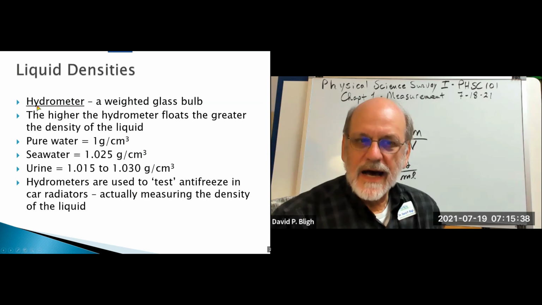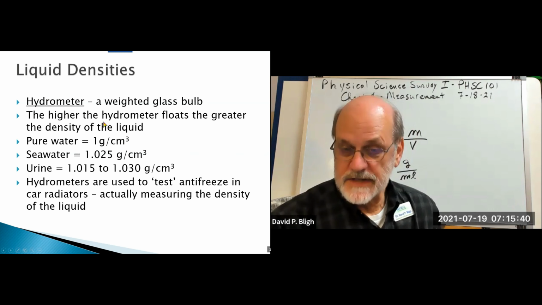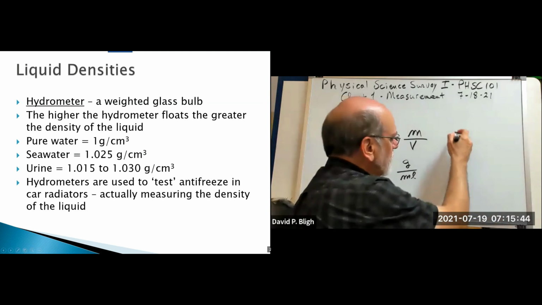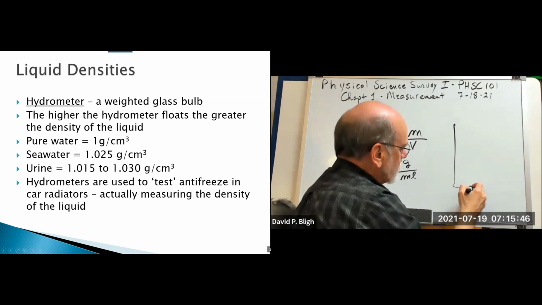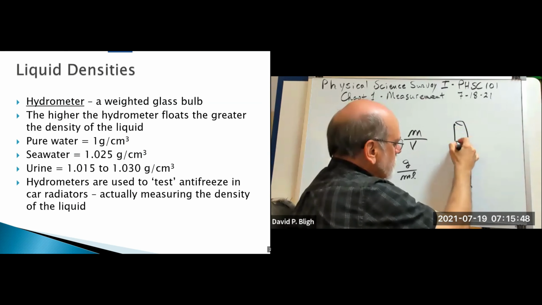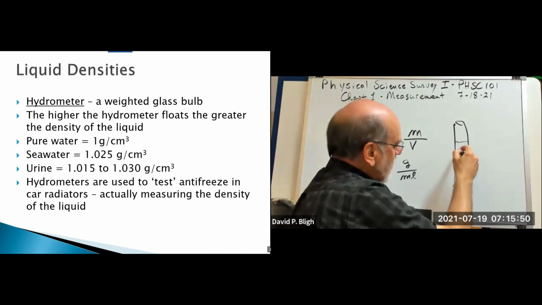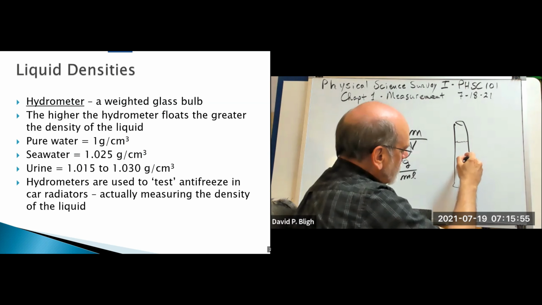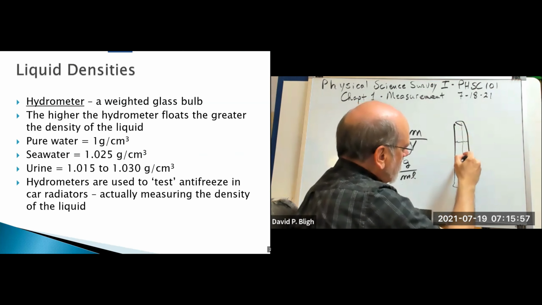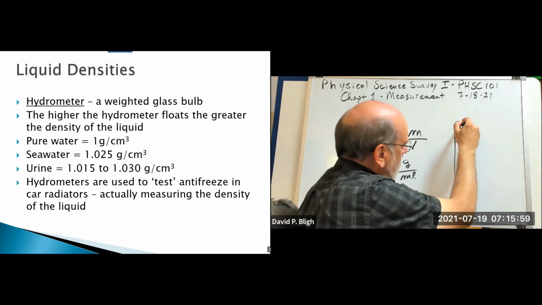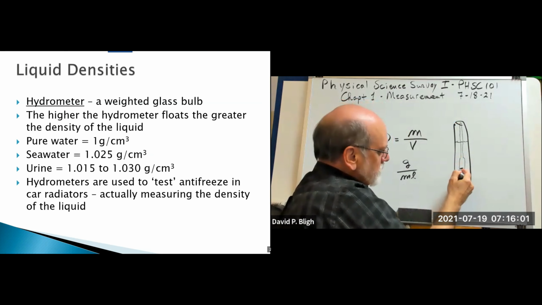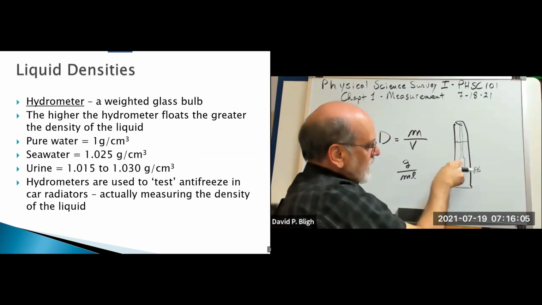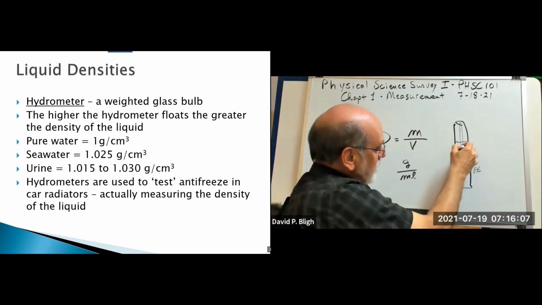But we use a hydrometer to measure densities of liquids. It's simply a cylinder, and you have your liquid in here, and you have a weighted bottom here. It usually has a little lead in the bottom. And there are markings here.